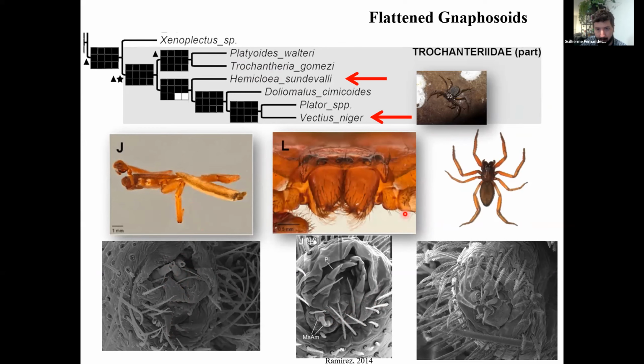In Chloe and Vectus, and here for the platyoids. So we thought, maybe this is just because they are flattened, and this character is giving too much weight to the flatness. But if we deactivate these characters, we get the same result. They are grouped based on other characters like genitalia and so on.